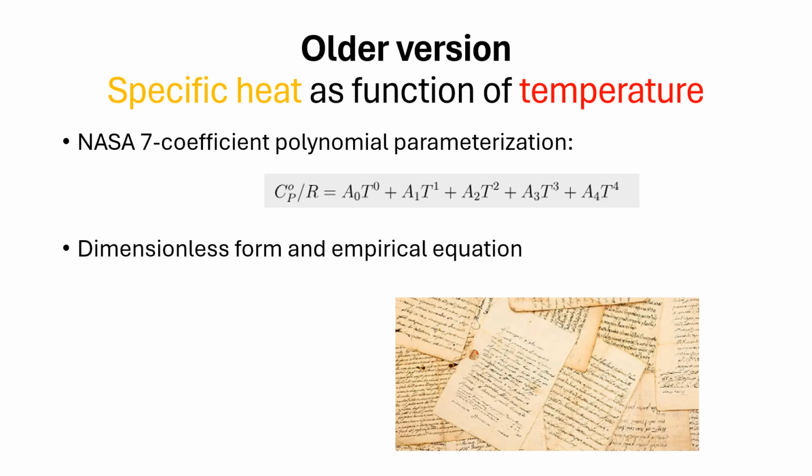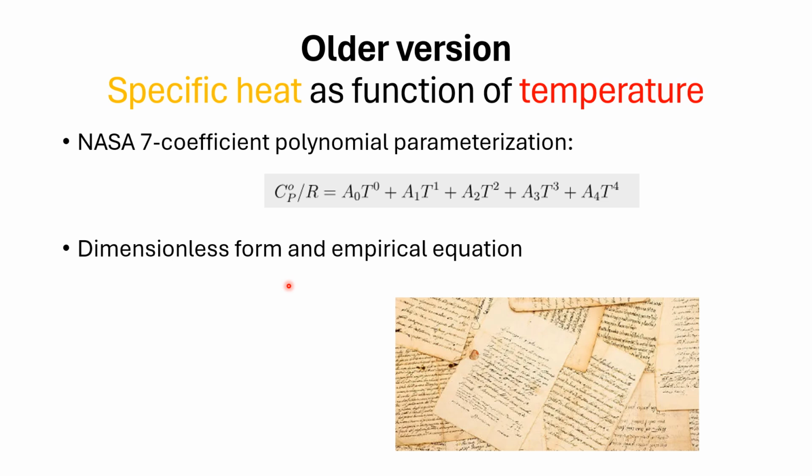First of all, I'm presenting an older version, that is specific heat as a function of temperature. This is what NASA proposed before, which today we are not using. It's like a polynomial parameterization. When you see this equation at first glance, you see it is a curve fit equation.